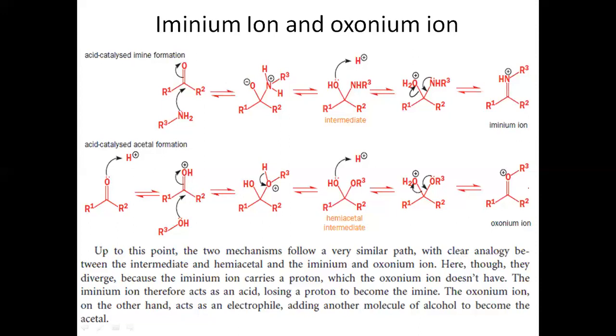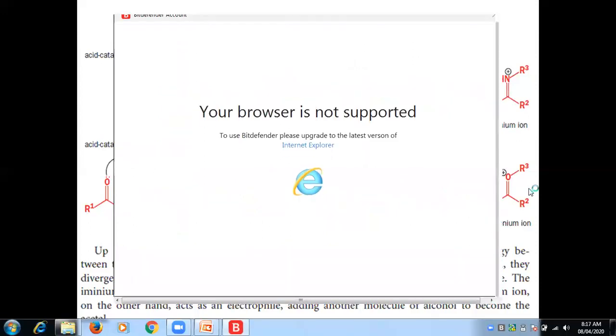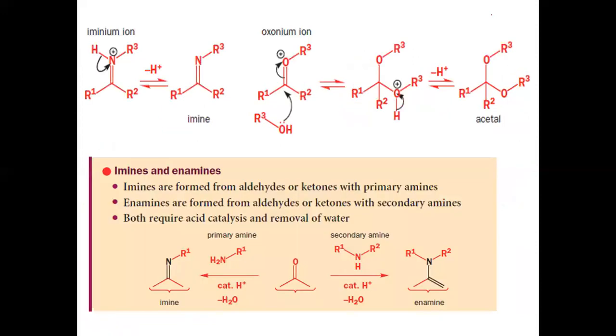Okay, so let us go to the next slide where you will be able to see this particular paragraph being converted into your reaction. You have the iminium ion and you have the oxonium ion. This iminium ion, as we have all done, is acting as an acid, so it will give away its proton, and thus you have a conversion to imine.